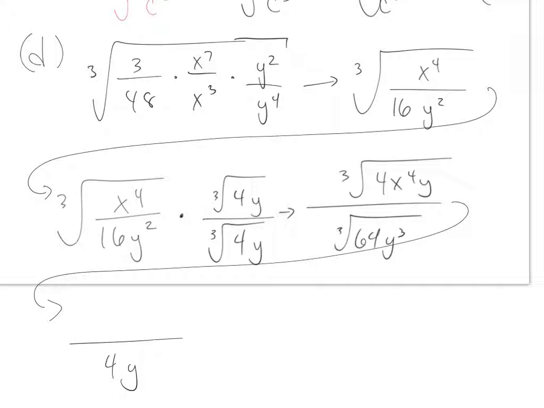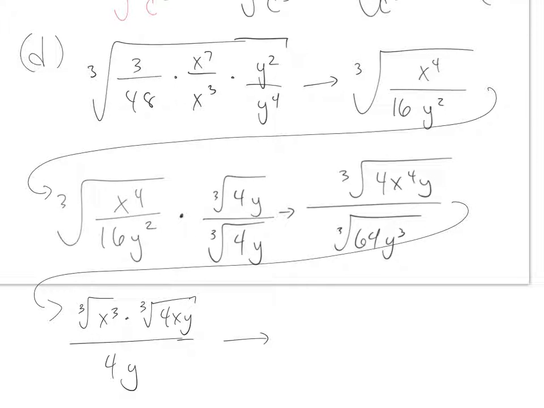How about the numerator? What do I do? Can I leave it like that? Is that allowed? Is it in simplest form? Sure. But if you see this on an SAT or something, when it needs to be simplified, what else can I do? You can make the x to the fourth like x to the third and x. Good. If I thought of x to the fourth as x cubed times x, the x cubed could be reduced because it's cube root. So break up the numerator.